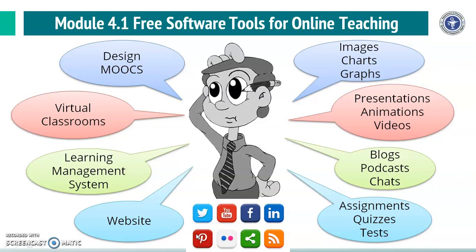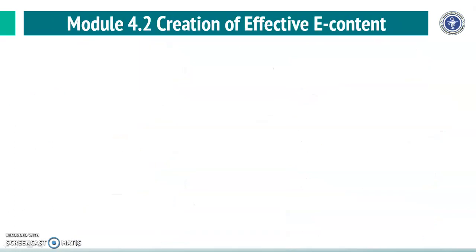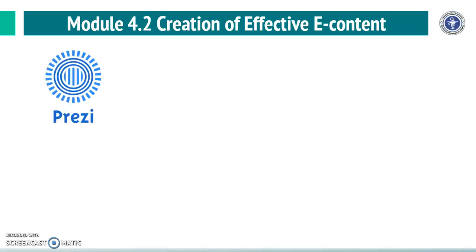So the module 4.1, which was divided into 3 parts, have covered virtually all free software tools that are available for online teaching. After this, we have covered module 4.2, where we have seen how we can create effective e-content for e-learning process.